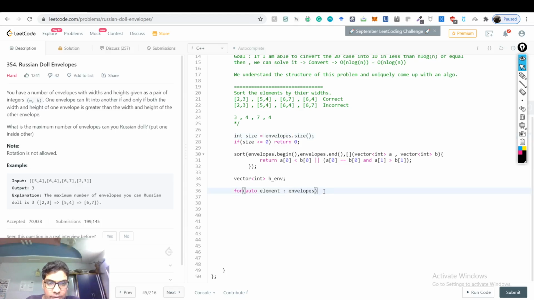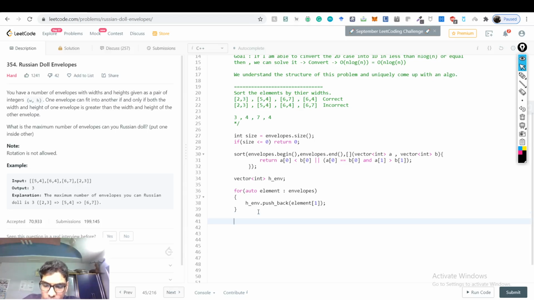For every element in this array of envelopes, we need to do h of envelope dot push_back of element of 1. So we have this thing sorted, and now we just want to push back the last element of each pair, and this array will then be sorted.